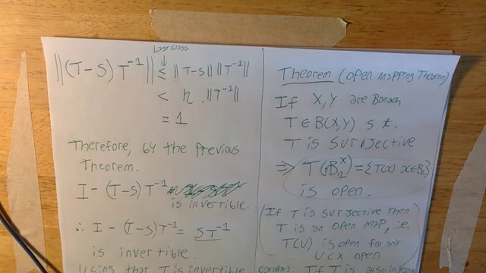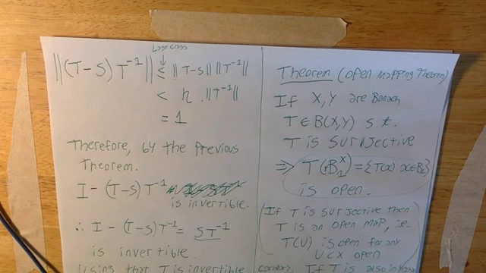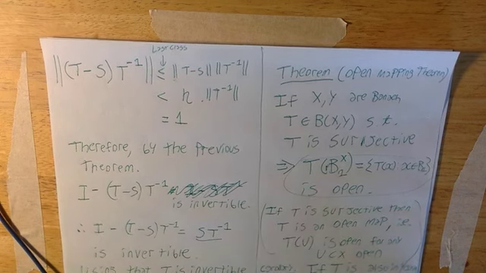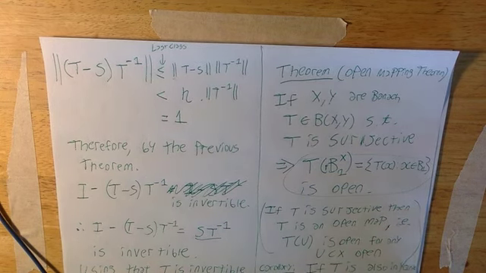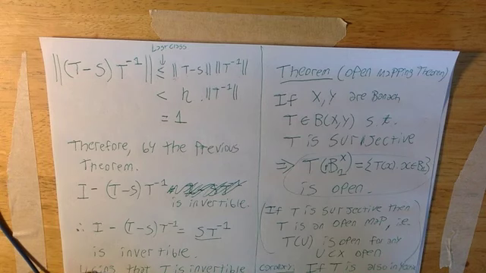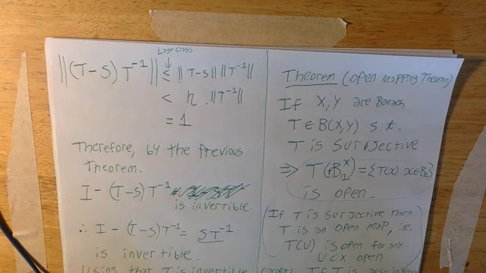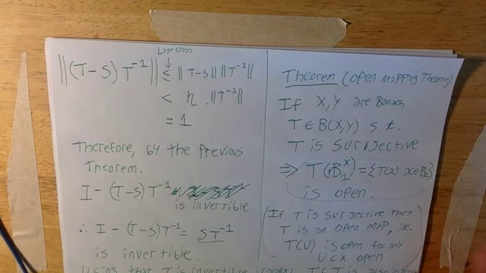Okay, so it's a really powerful thing. If you have something that is injective and surjective, which is bounded, then it's invertible. So if you can find a bounded linear map from X to Y which is bijective, then the two spaces are isomorphic. This is fairly strong. This is something you expect in finite dimensions, but in infinite dimensions it's surprising.